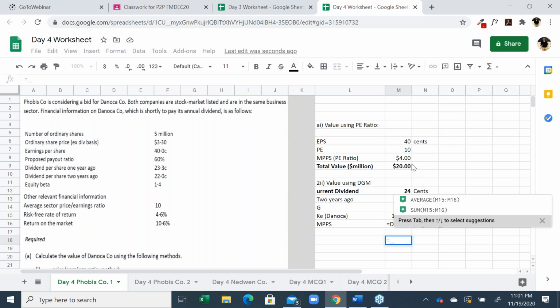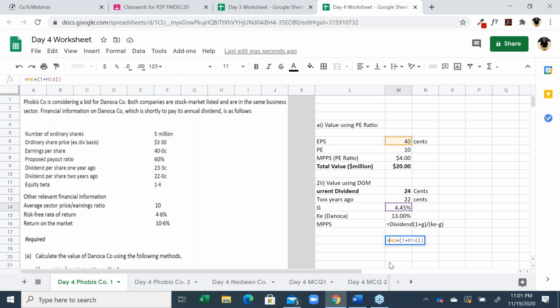We have the latest dividend, which is 40 cents. We have the growth rate, that is 4.45%, and we have the cost of equity, which is 13%.